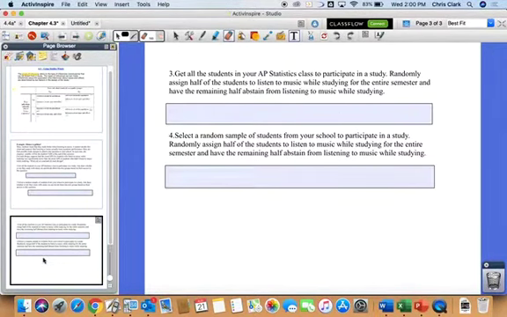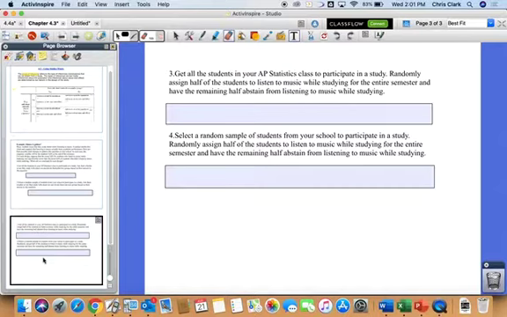Number 3, get all of the students in your AP Statistics class to participate in the study. Randomly assign half the students to listen to music while studying for the entire semester. Have the remaining half abstain from listening to music while studying. So, still a convenience sample, or in this case, probably a group of volunteers. Okay, our AP Statistics class volunteered for this. But we randomly assigned a treatment.